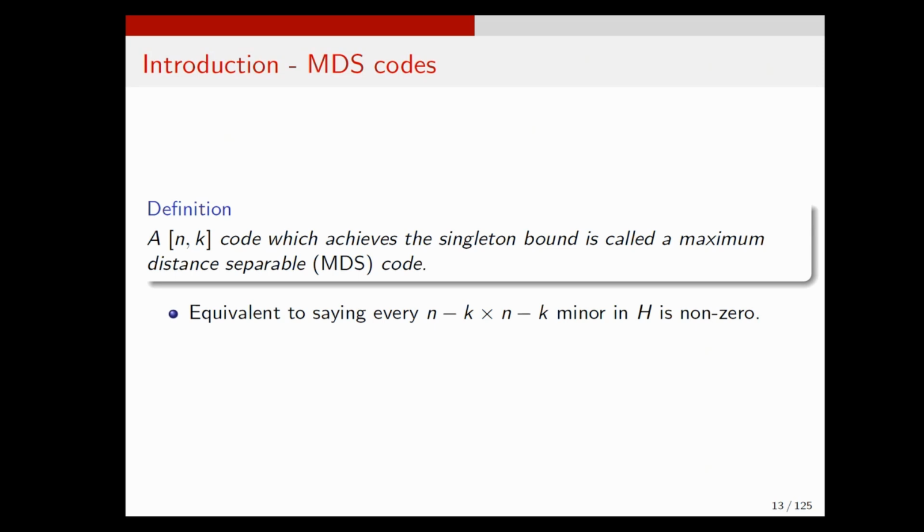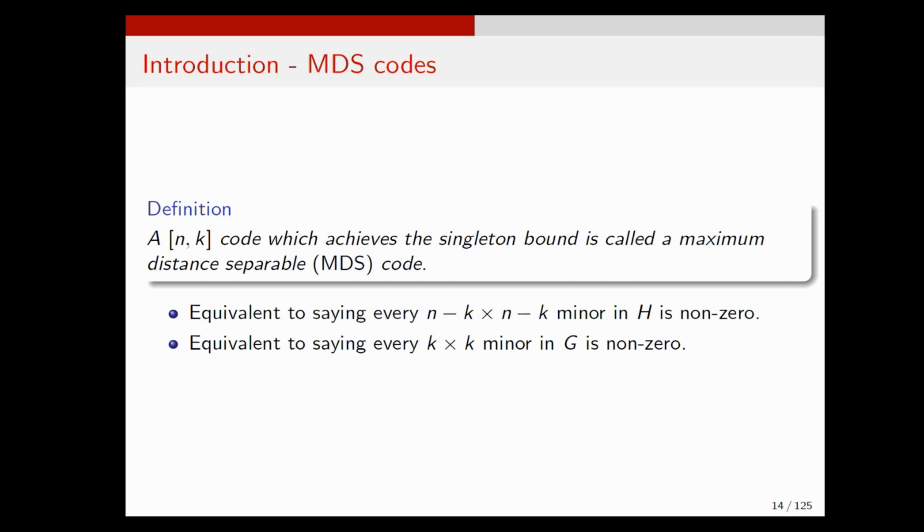If some n minus k columns are linearly dependent, suddenly you will have an even smaller code word. So that's why this is a necessary and sufficient condition. Similarly, for the generator matrix, it boils down to saying that every k cross k minor in my generator matrix is non-zero, or every k cross k subdeterminant is invertible.